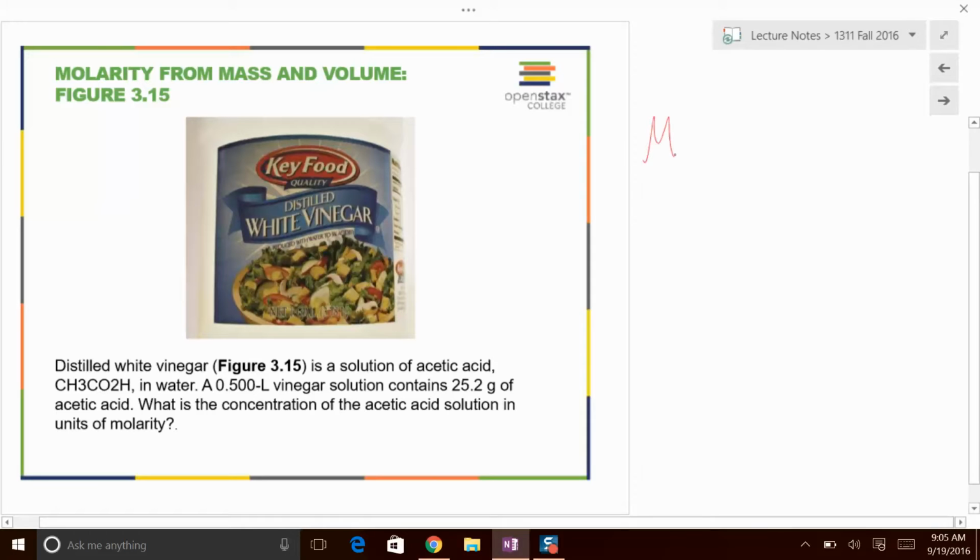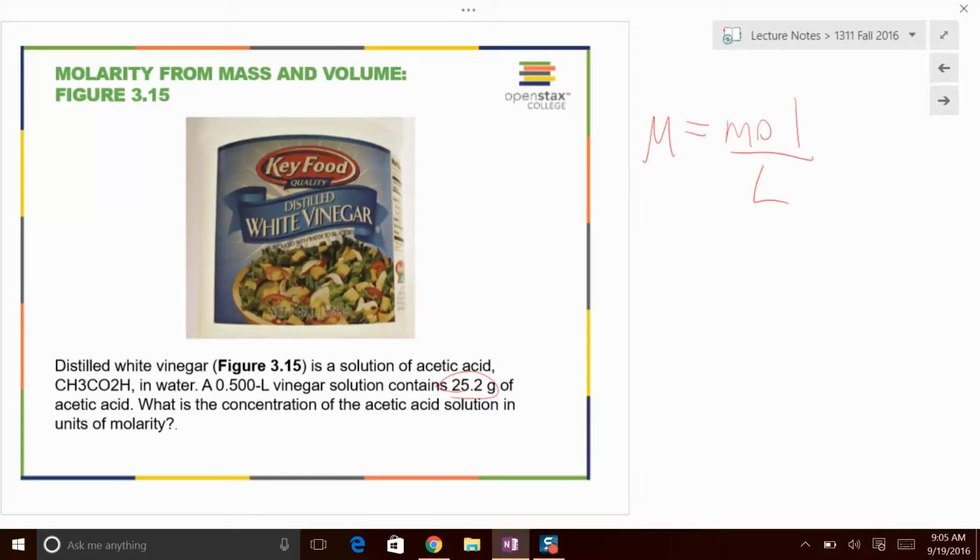Well, molarity equals what? Moles over liters. Do I have the moles? They didn't tell me the exact moles. Can I determine the moles? Yes, I can, because they told me the grams of acetic acid.